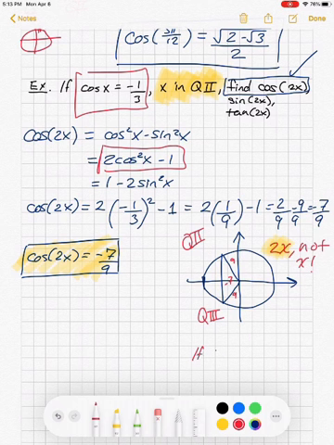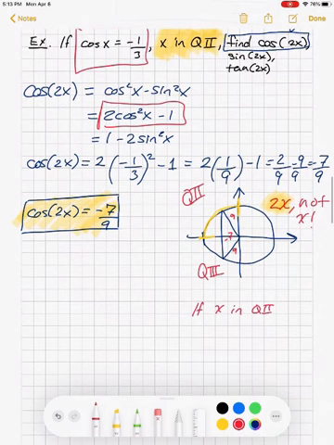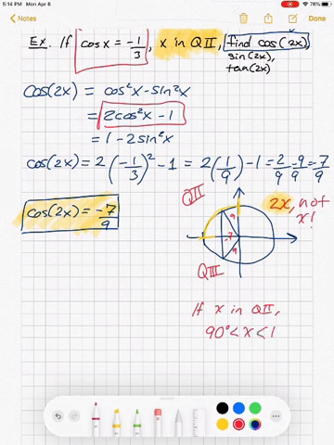So if x is in quadrant 2, that means x has to be in between here and here, right? So if x is in quadrant 2, then wouldn't it have to be true that it's in between 90 and 180 degrees?